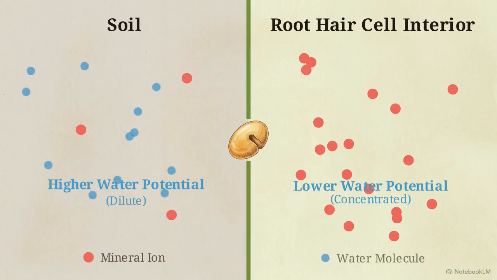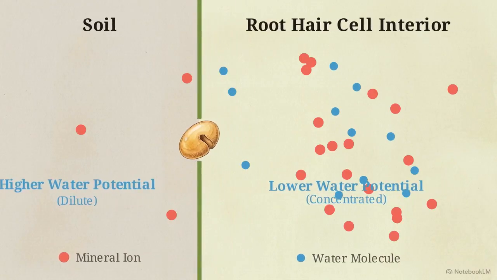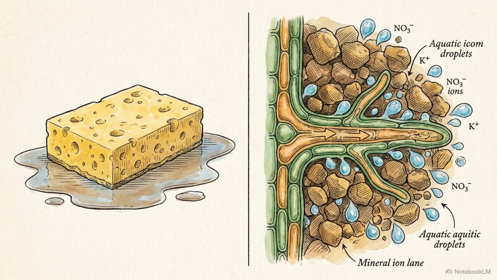Because the surrounding soil now holds a higher water potential than the interior of the root, water molecules are naturally forced across the partially permeable membrane into the cell via osmosis. Plants do not passively soak up water like sponges. They actively manipulate local thermodynamics, expending energy to force the environment to yield its resources.